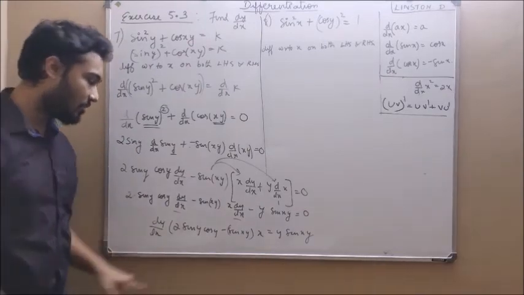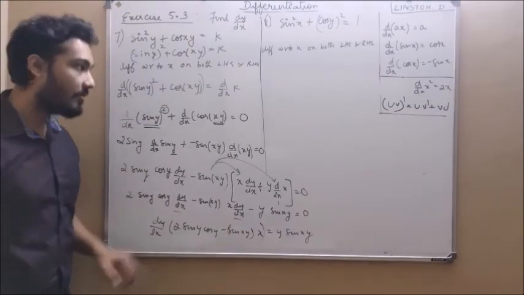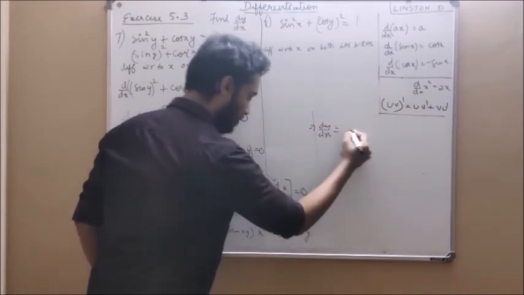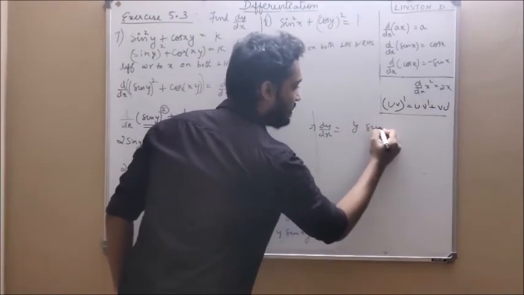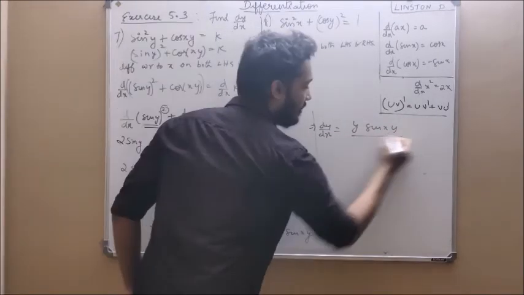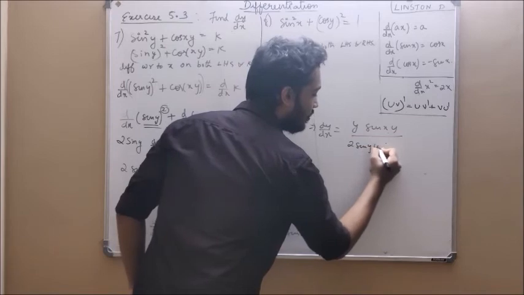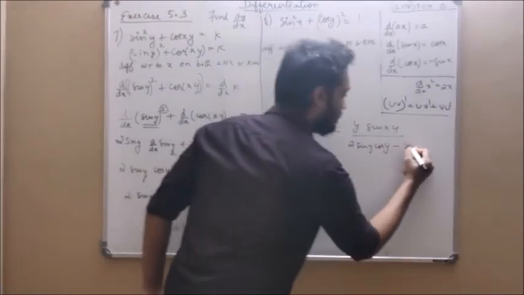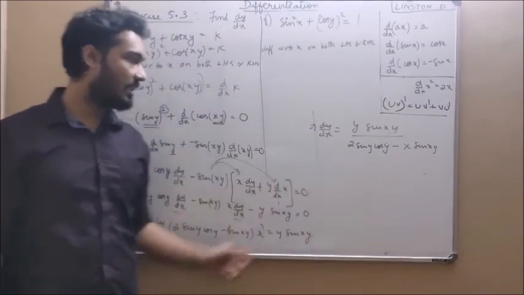So this we have taken common. So dy by dx is equal to y sin xy divided by 2 sin y cos y minus x into sin xy. So this is the answer.